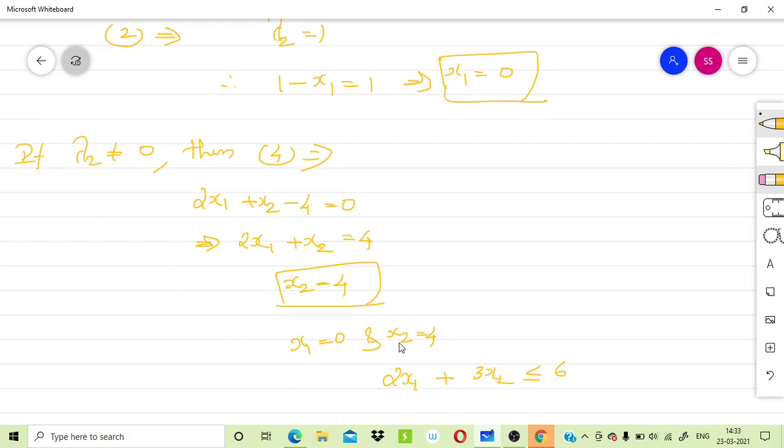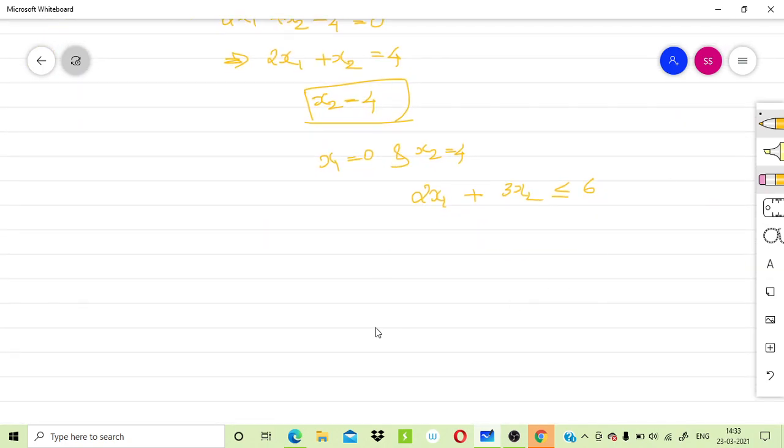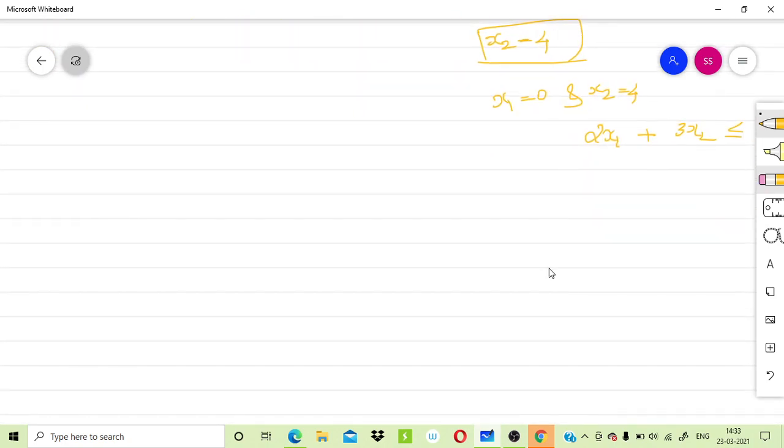That is 12 less than or equal to 6, which is violated. So you cannot have this case either, so case 2 is also ruled out.